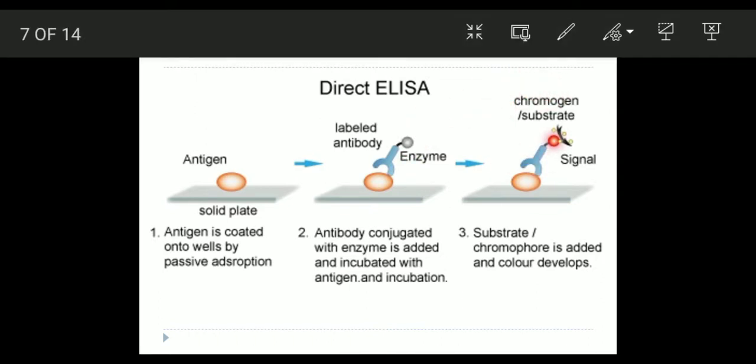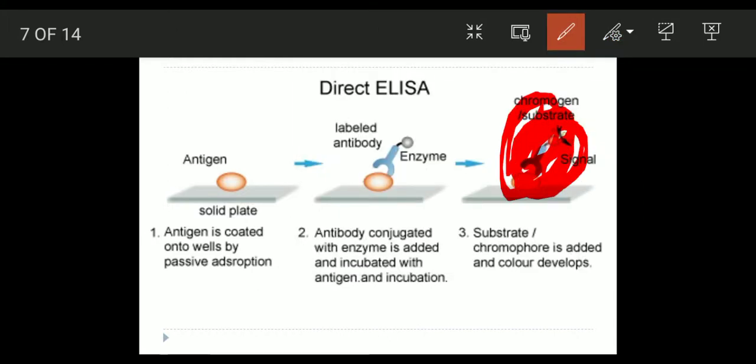This whole system will color itself, and by knowing the intensity of color, we know the concentration of a particular antibody in a serum.